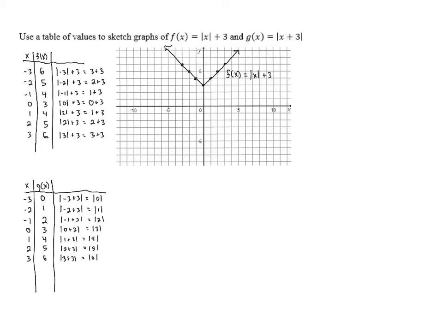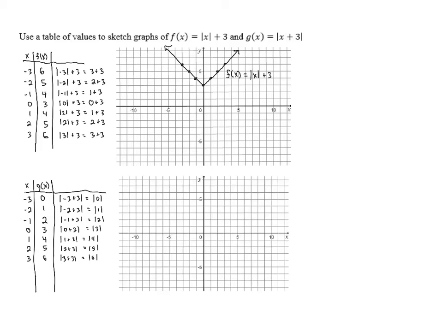Let's plot these points and see if that shows us what the graph will look like. We have -3, 0, -2, 1, -1, 2, 0, 3, 1, 4, 2, 5, and 3, 6.